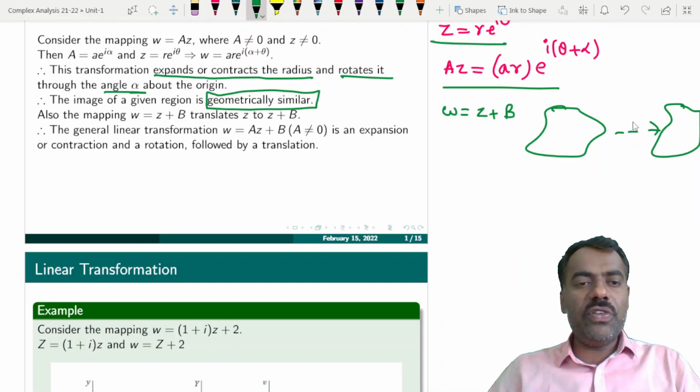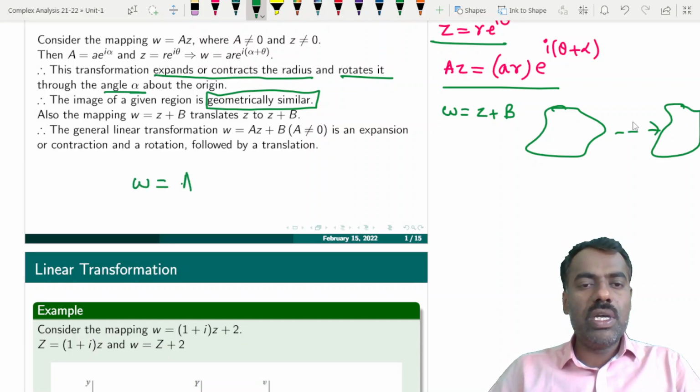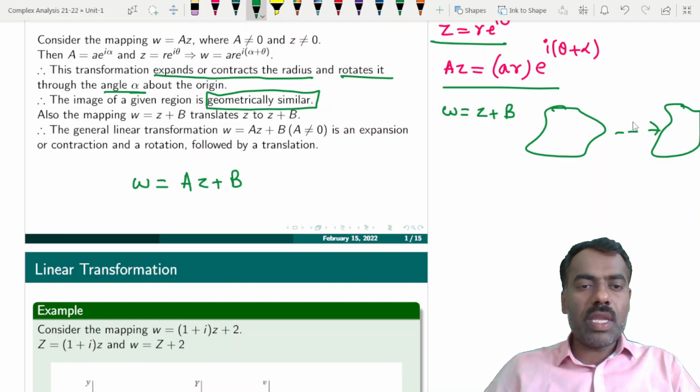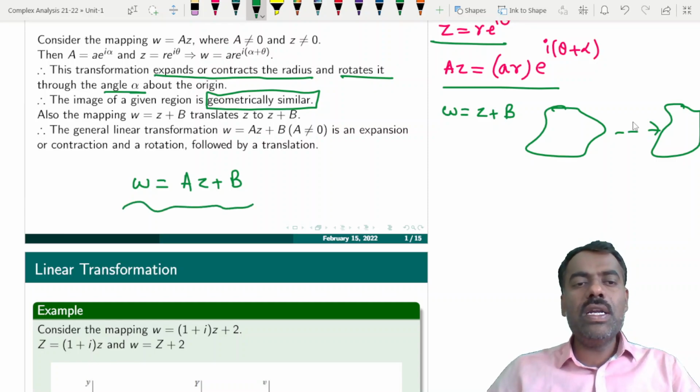So if you take any general linear transformation, w equal to az plus b, where a and b are two non-zero fixed complex numbers, then what do we get?